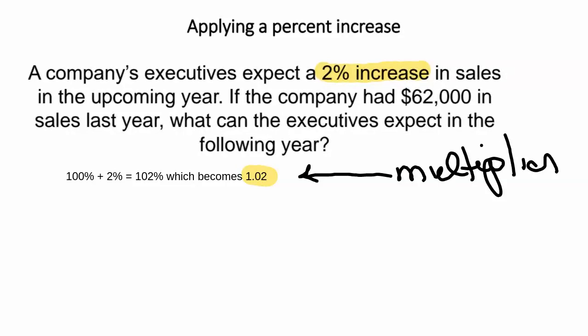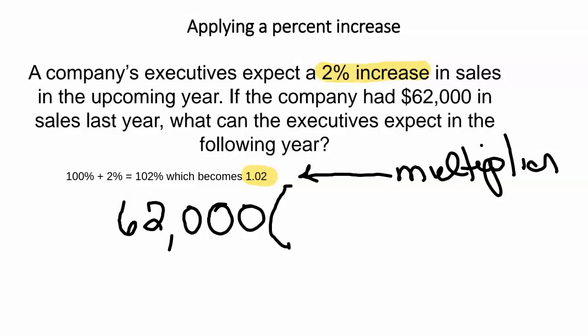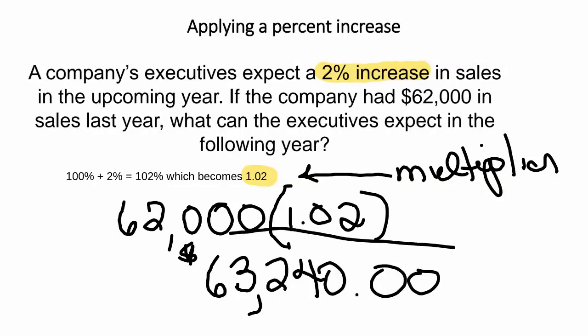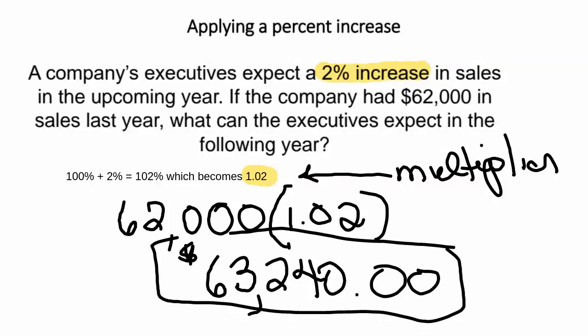Now, take 62,000 and multiply it by 1.02. And you will get $63,240. This is what's going to be gotten the following year.